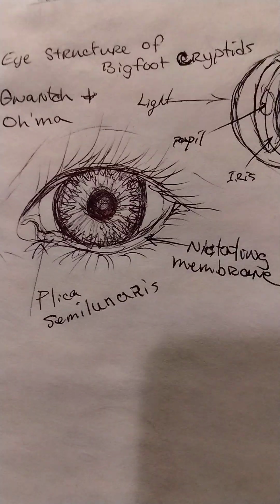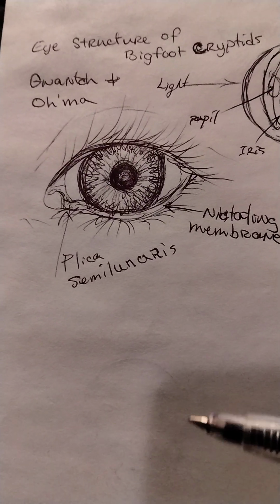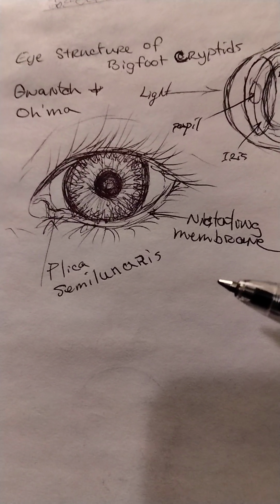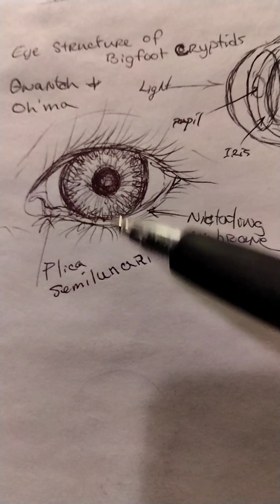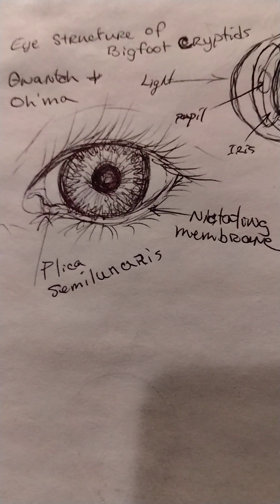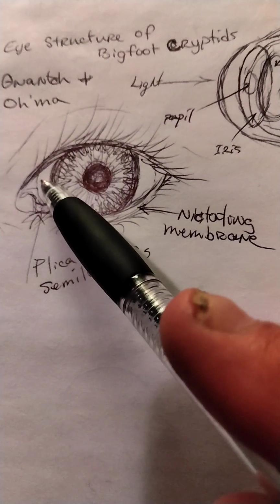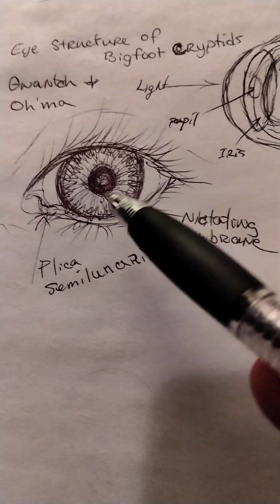And then the other element that's present in Bigfoot people that's no longer present in most of us is the plica semilunaris, which sits in this area if it's in a human, also called a nictitating membrane.